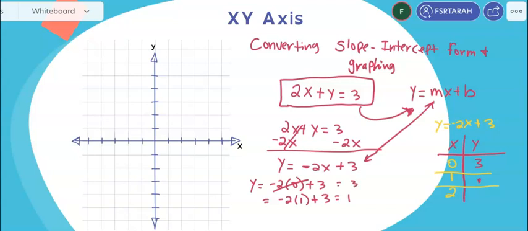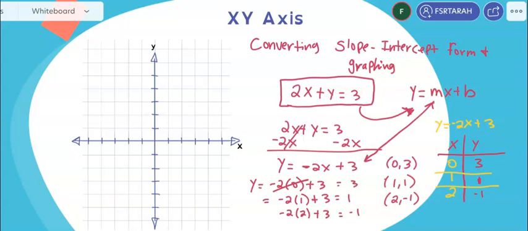Then if I do 2, negative 2 times 2 plus 3, that would be negative 4 plus 3, which will end up giving us a negative 1. Okay, so I got 3 points now. I got 0, 3, I got 1, 1, and I got 2, negative 1.